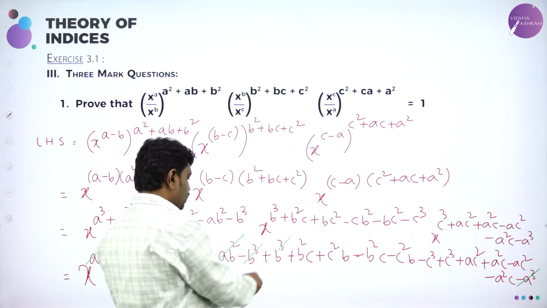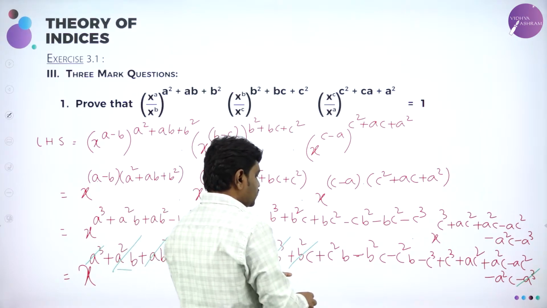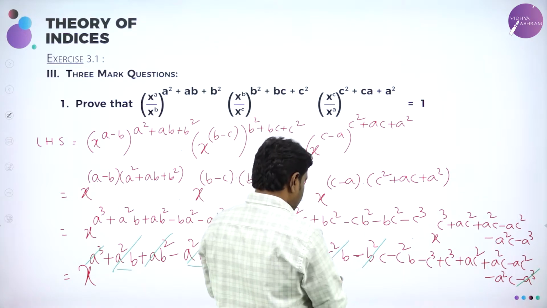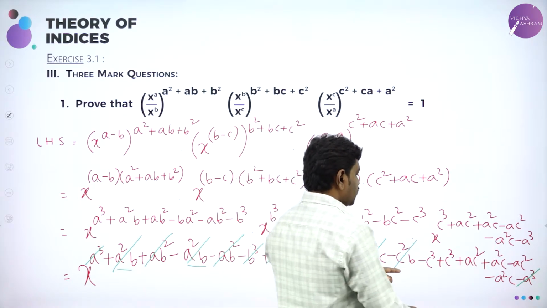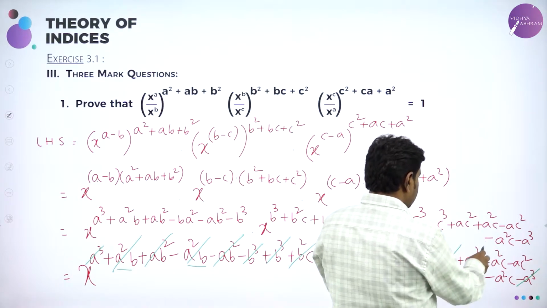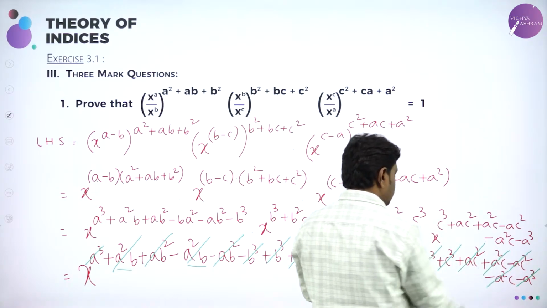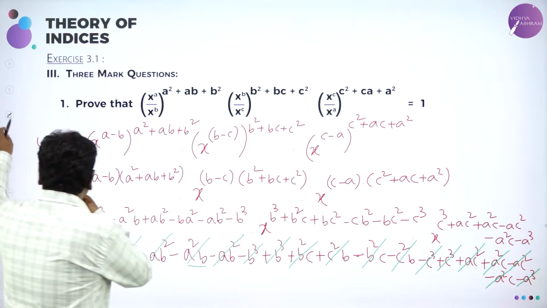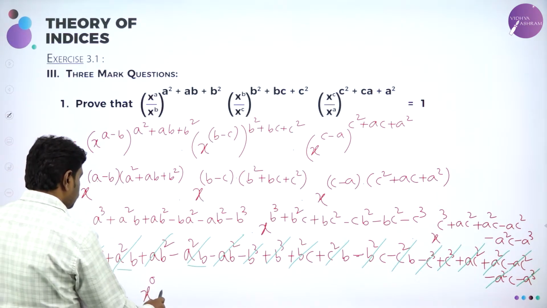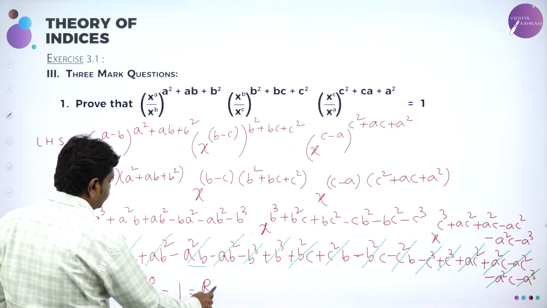Minus b cube plus b cube cancels. Positive b square c and negative b square c cancel. Positive bc square and negative bc square cancel. Positive c cube and negative c cube cancel. Positive ac square and negative ac square cancel. These two cancel. So we are left with x power 0. Anything power 0 is what? 1. That is RHS.